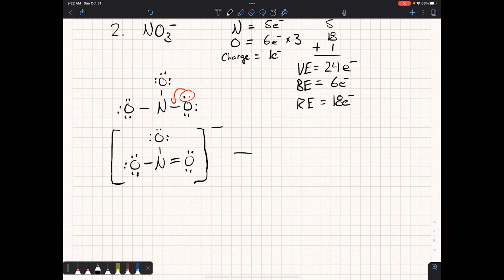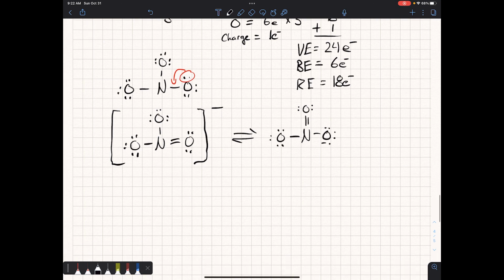This one can also form resonance structures. The resonance structures would be similar, but now we're going to move that double bond and form it between a different oxygen. For this one, let me give myself a little more space here.